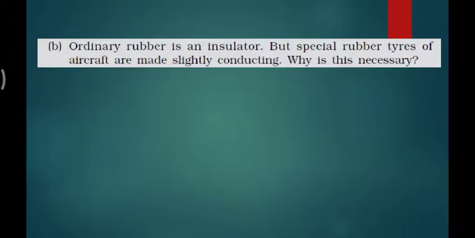Ordinary rubber is an insulator, but a special kind of rubber is used for tires in aircraft. Why? It is slightly conducting in nature. Why do they use such rubber?